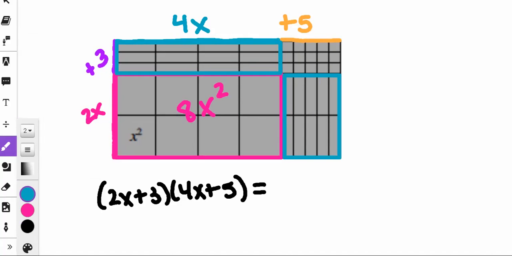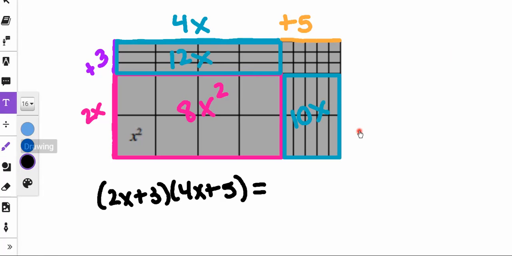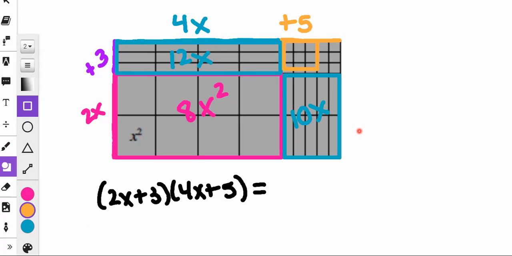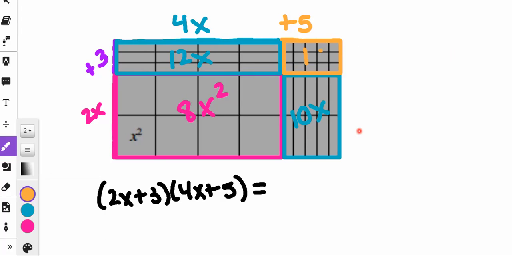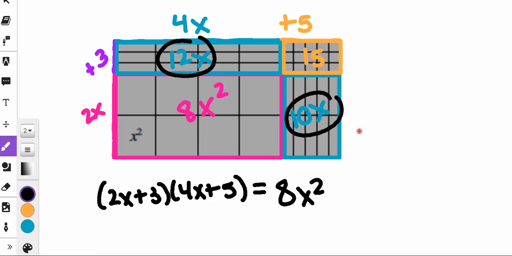In this section, I have 1, 2, 3 by 1, 2, 3, 4. So that means I'm going to have 12 x's. Now over here, I have 2 rows of 5, so that's going to be 10 x's. And then in this last section, I have 1s, and I have 3 rows of 5, which means we have 15. So when we add all of that together, that's going to be the areas as a sum, which is 8x squared. And then I have 12x here and 10x here, which is going to give me 22x plus 15.